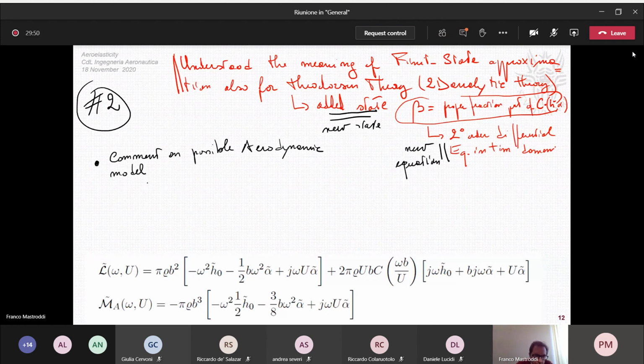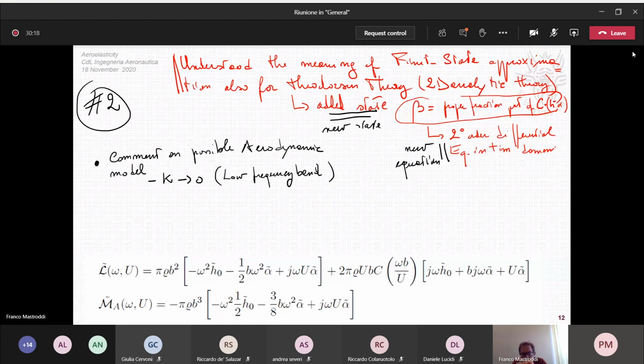For example, when you have a process with a low frequency band, so you have a slow motion, you consider not so fast motion of your airfoil.